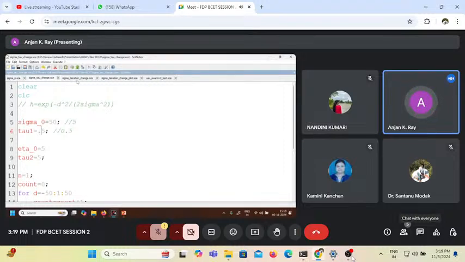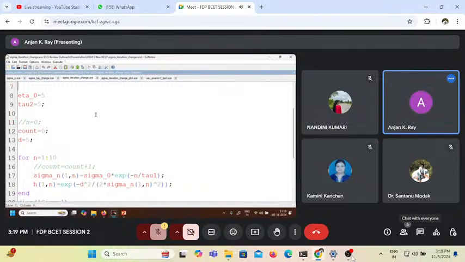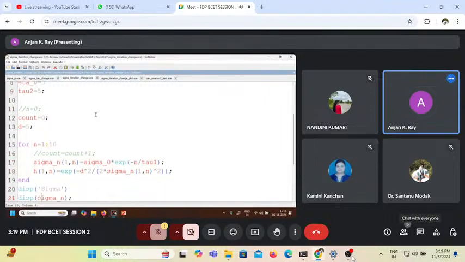In that case, I'm changing to another program here. Here, the number of inputs is changed. In this simulation, I consider 10 such samples going to the network.